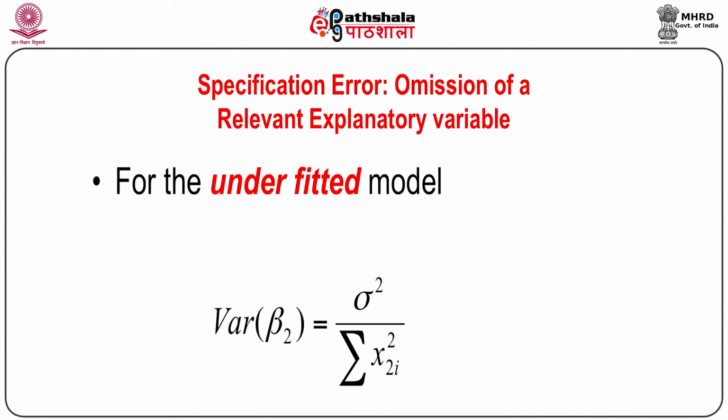Now consider the variance of the estimator. Under the fitted model, variance of beta 2 equal to sigma square by sigma x2i square, where small x2i is basically the deviation of x2i from its mean value x2 bar.